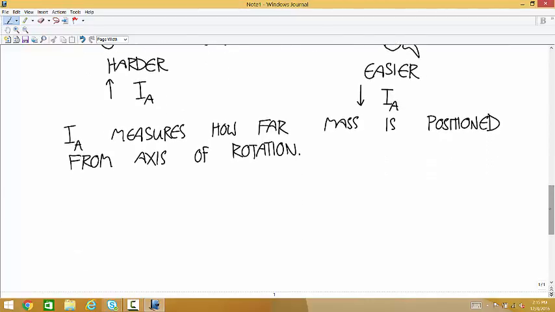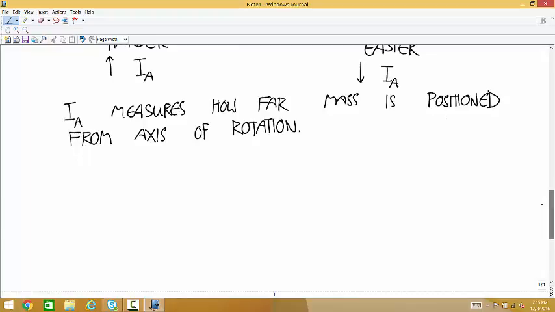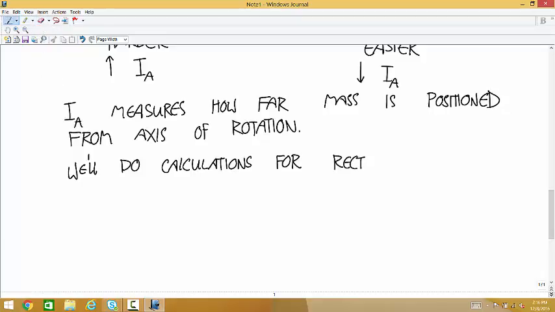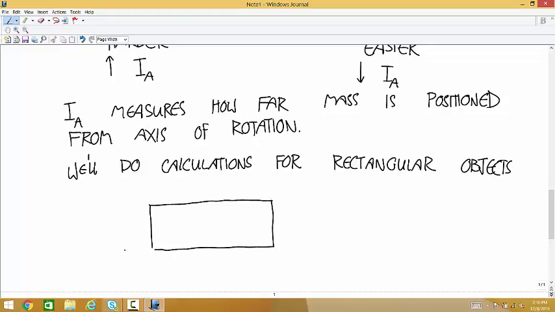We're going to do these calculations for rectangles, just for rectangles. We'll do calculations for rectangular shapes. So let's say that you have an object with a length L and a height W for width.